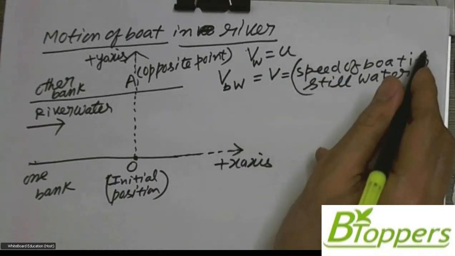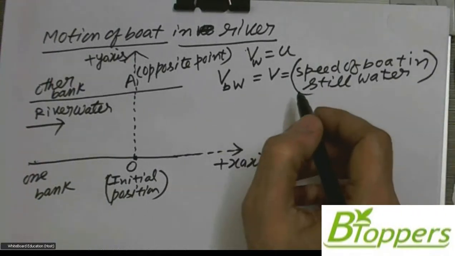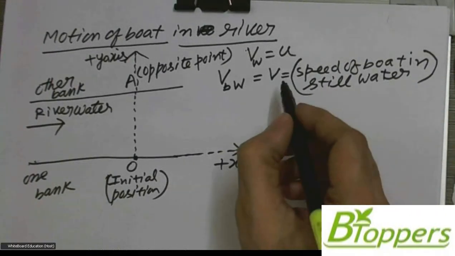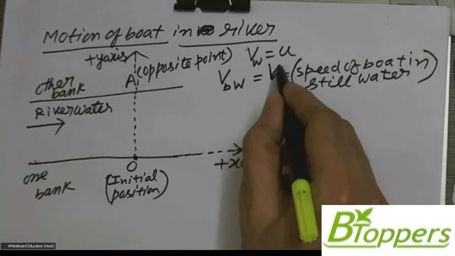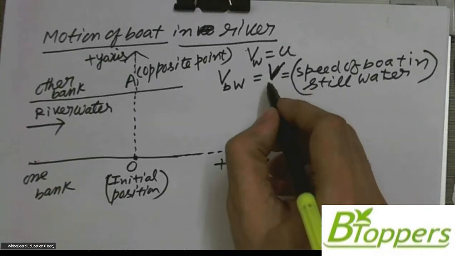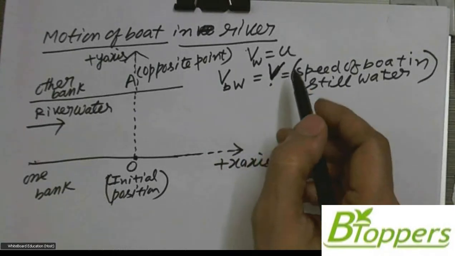That means when water is not flowing, when water is still, the boat will be able to move with a certain speed in a still water lake. That I denote by V.